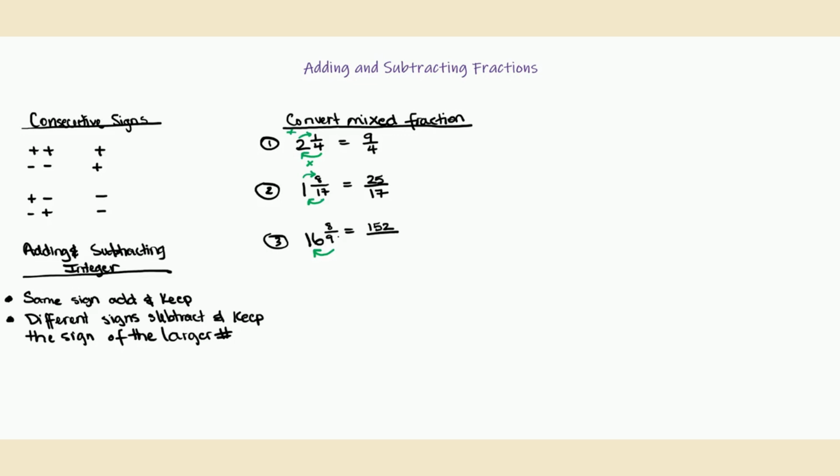The denominator is 9. So hopefully these are enough examples to help you convert from mixed fractions to improper fractions.